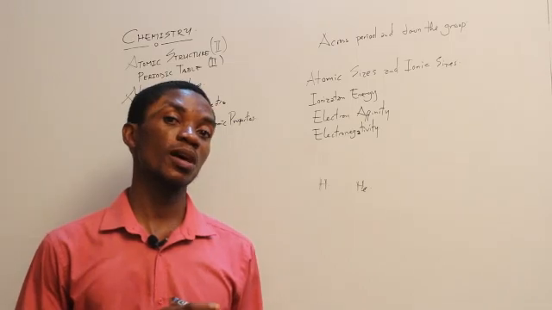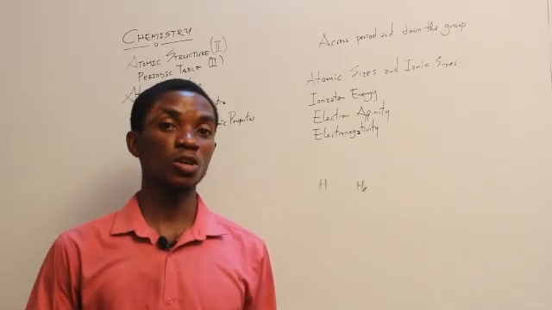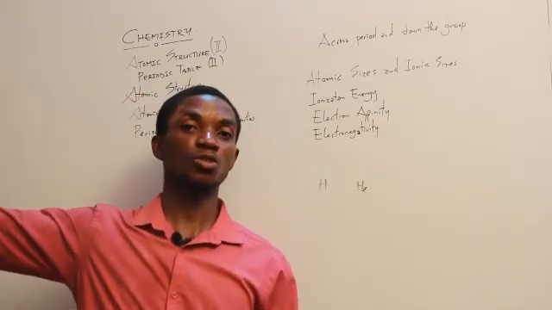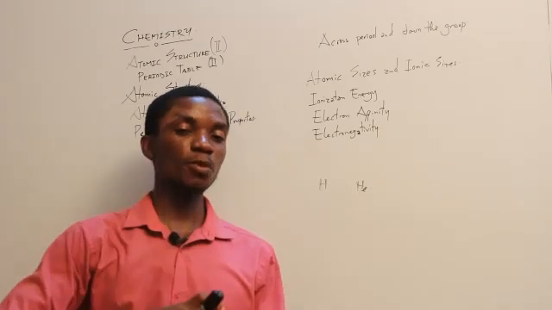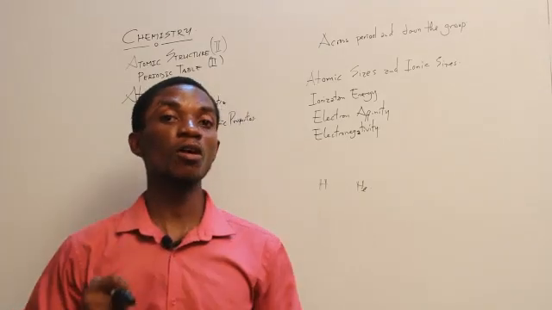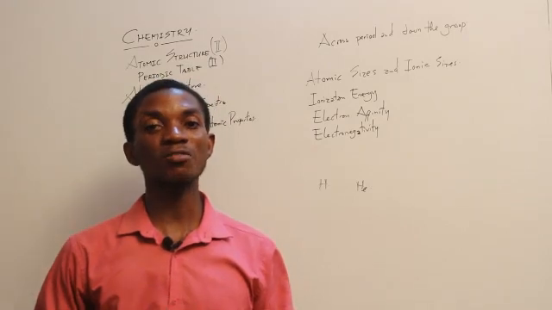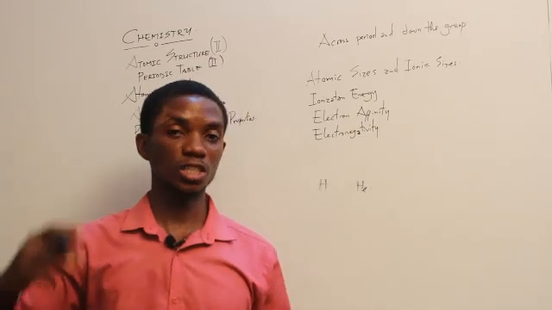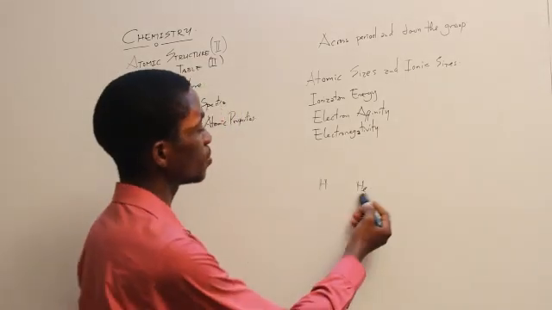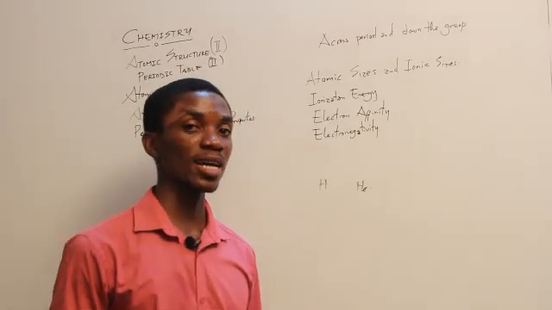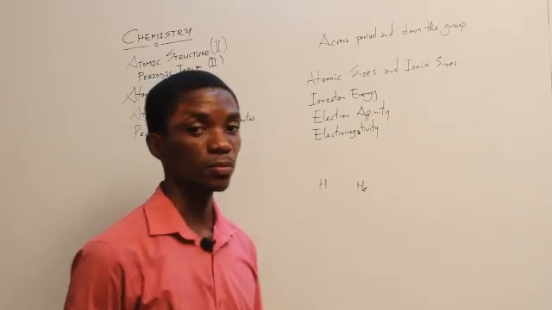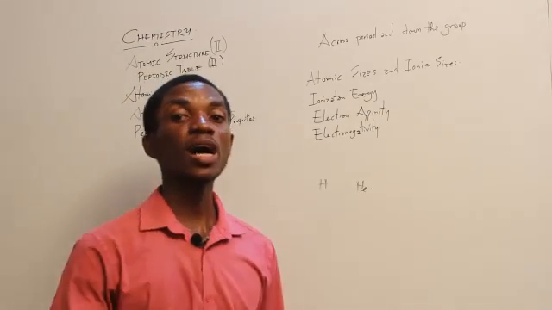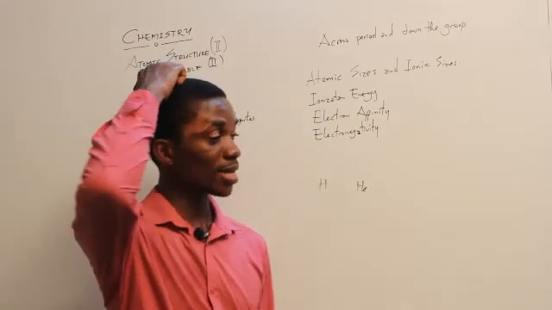When the nucleus has so many protons and there are enough electrons, the protons will pull the electrons with more force, thereby reducing the distance between the shell and the nucleus. That is the reason why helium has a smaller size compared to hydrogen, and this also happens to all the other elements as we move across the table.